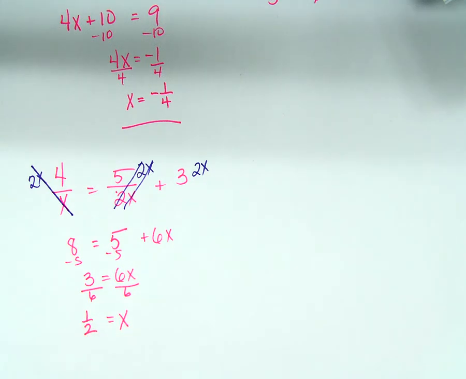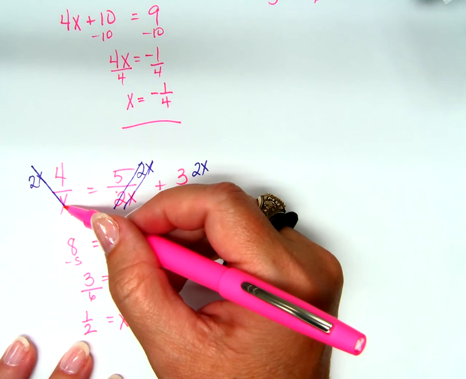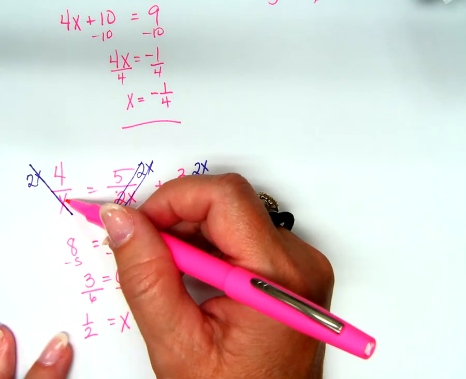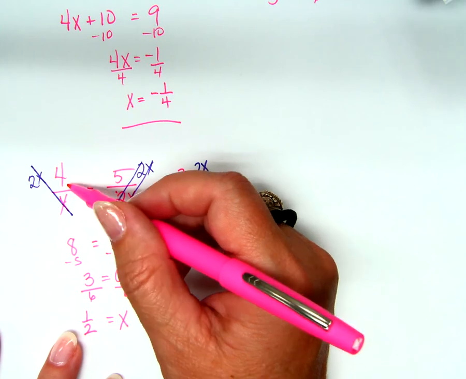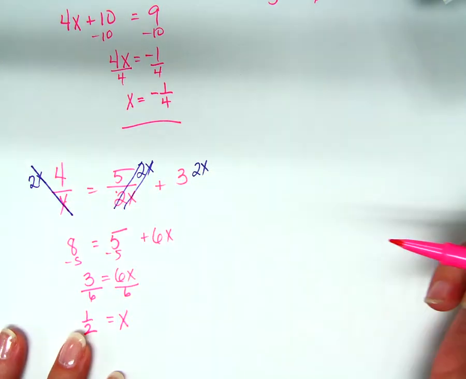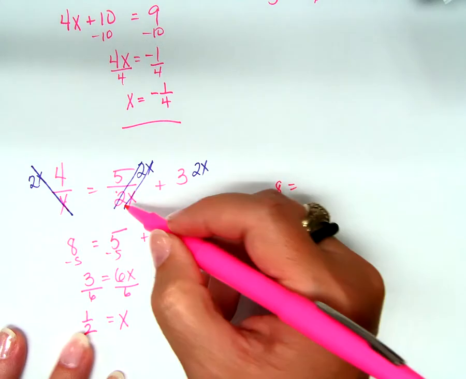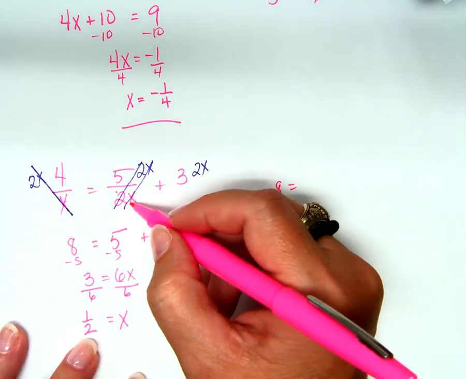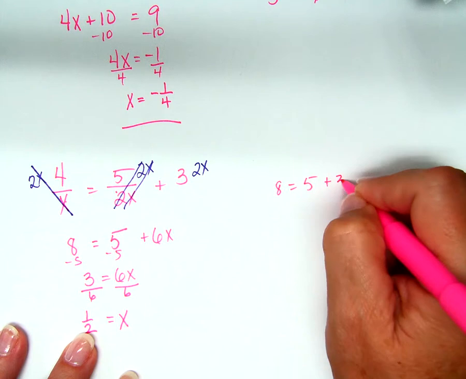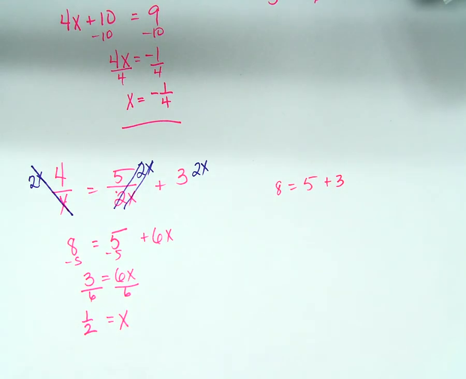Again, is this as easy to check? 4 over 1/2. If I divide by a half, it's the same thing as multiplying by its reciprocal. So 8, right? 4 divided by a half is 8. 8 equals, what's 2 times a half? 1, so 5 plus 3. Isn't that the right answer?